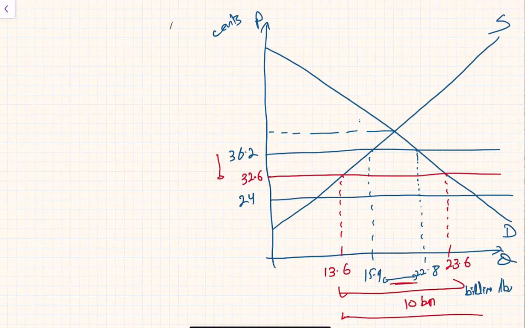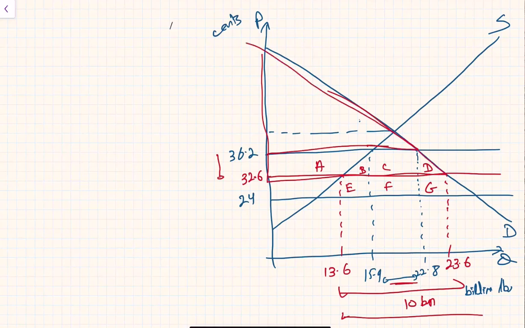We can start analysis by labeling the areas. We have A, B, C, D, and then we have E, F, and G. So with the expansion of quotas, our consumer surplus, which initially was this top triangle, now increases to this big triangle.